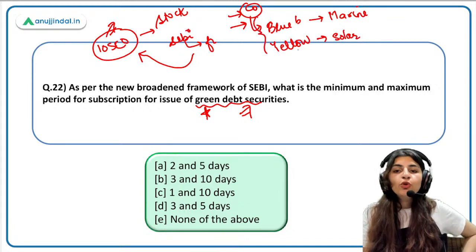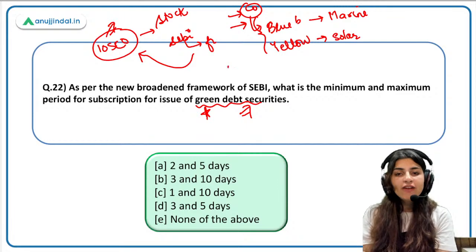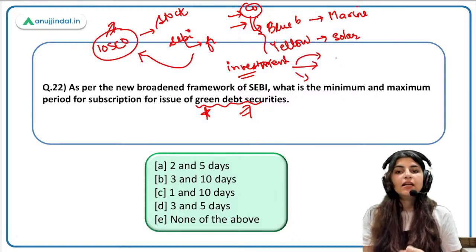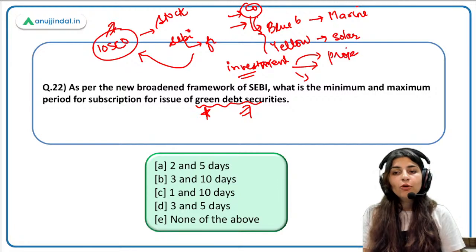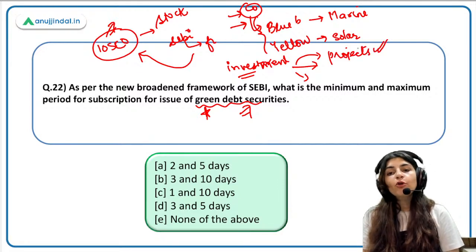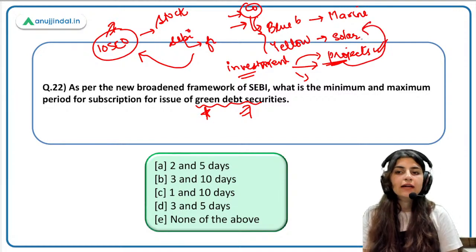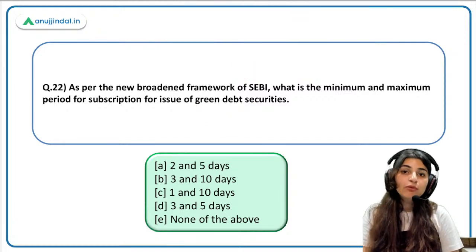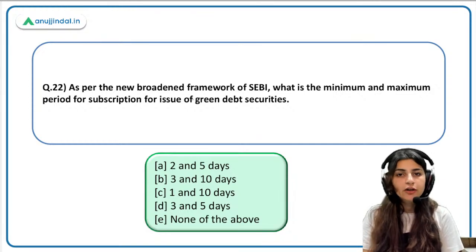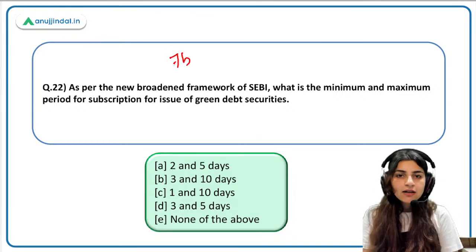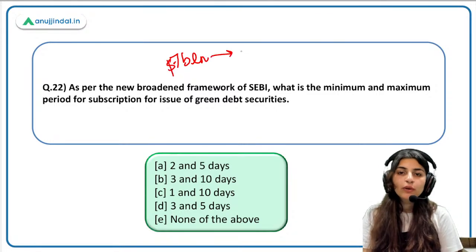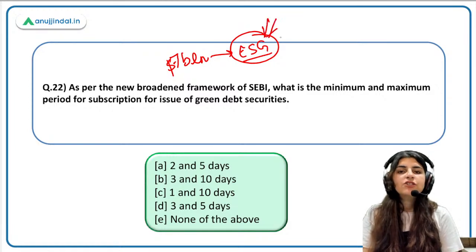Now, with these blue bonds and yellow bonds, any money that is raised by any company will be applied in projects working towards the marine sector or solar sector. Already last year, $7 billion of investment was received through the ESG platform, for the ESG framework, right? Environment, social and governance norms.